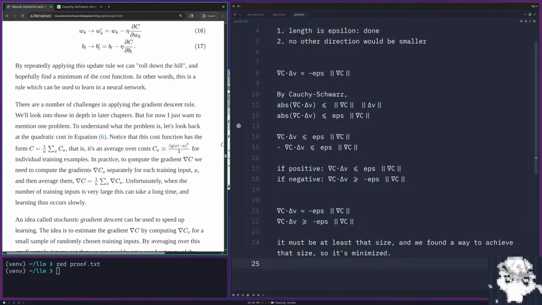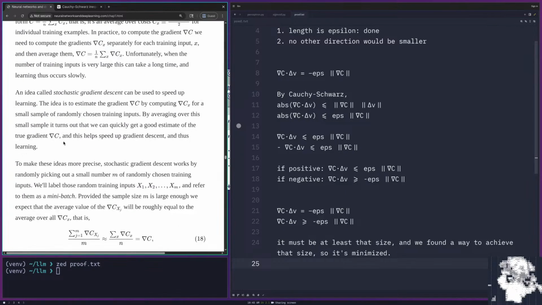In practice, to compute the gradient grad of C, we need to compute the gradients grad of Cx separately for each training input x and then average them. Grad of C equals 1 over n times the sum over x of grad of Cx. Unfortunately, when the number of training inputs is very large, this can take a long time and learning thus occurs slowly.